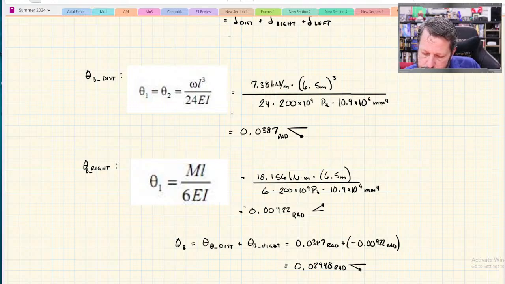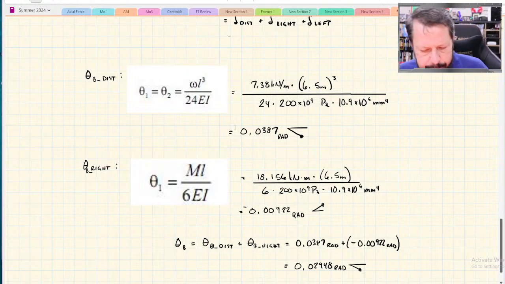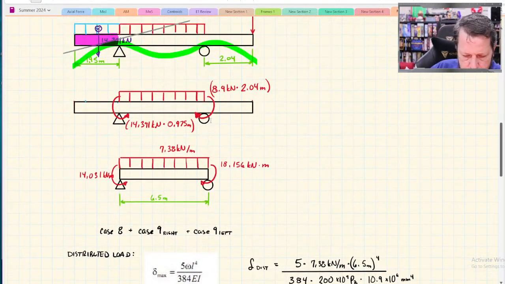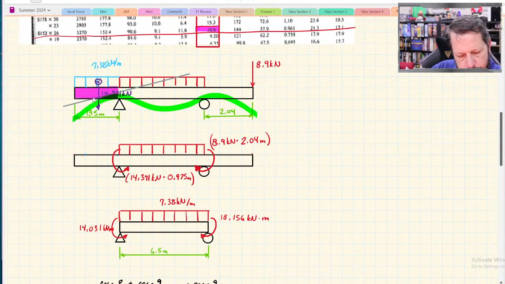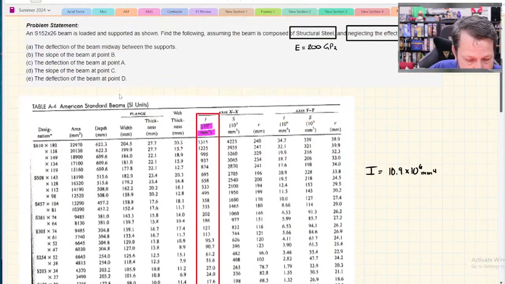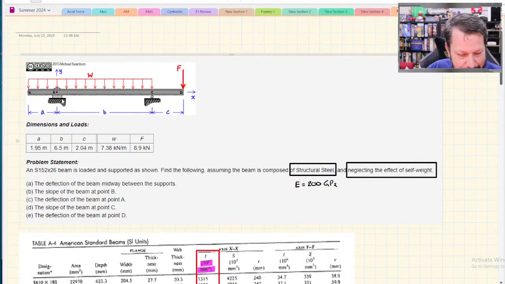I wanted to do newtons and meters for everything. I don't think the pink section here should change the slope at B. So it shouldn't change that. Not at B. Point B is the pin, right? Yes, okay. That would be really bad if I was not even doing the right problem.